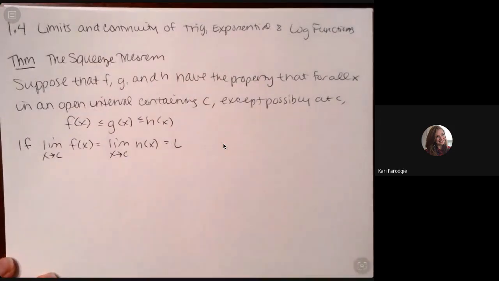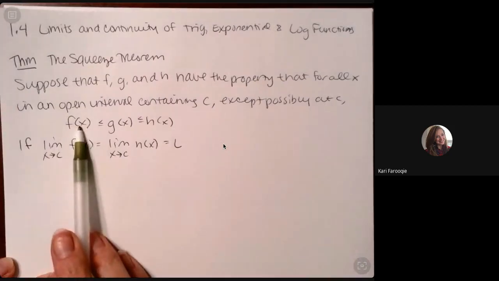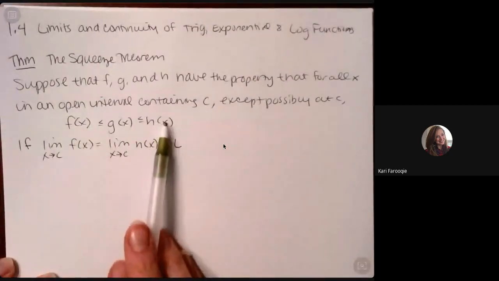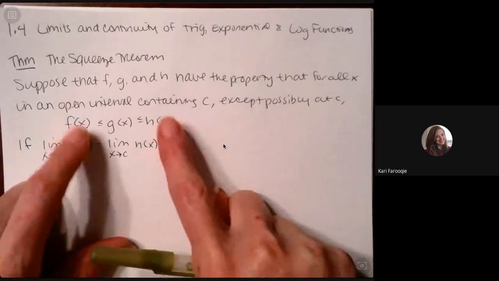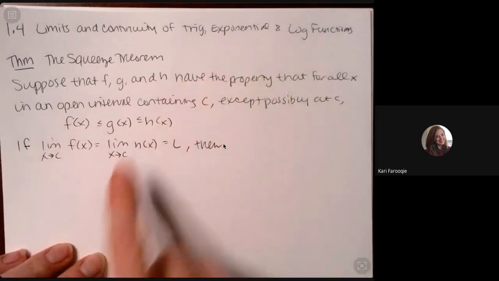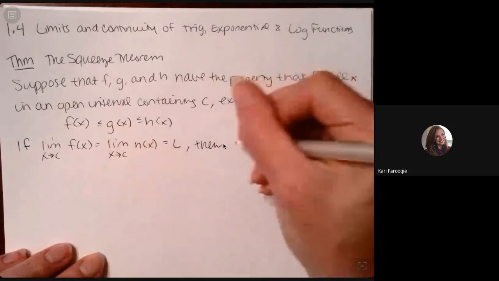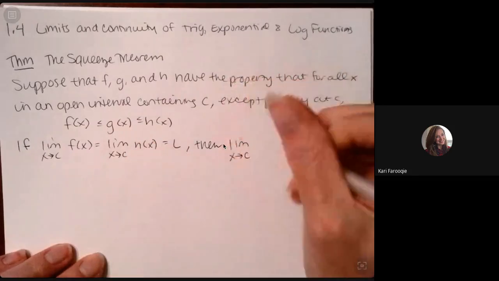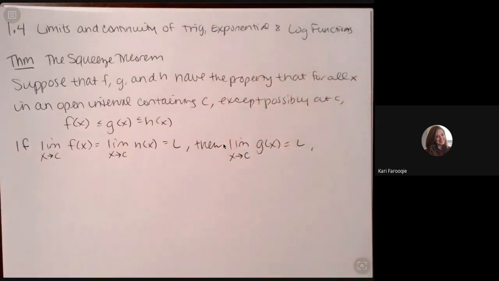Well, look what I've done here. I took the limit of the lower function and then the limit of the upper function, and both of those limits were equal to L. As long as we can show that the limit of these boundaries is the same, then the squeeze theorem says that we can conclude that the limit of this middle function must also be equal to that limit L. So we can say then the limit as x approaches c of g of x must also equal L. And that's why it's called the squeeze theorem.